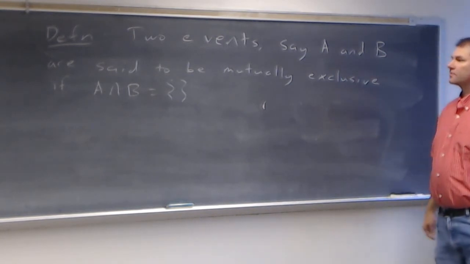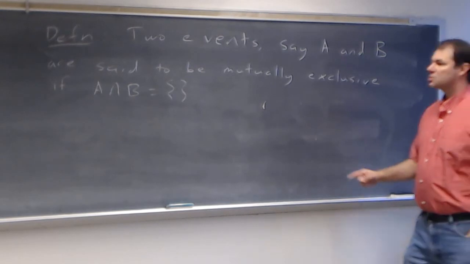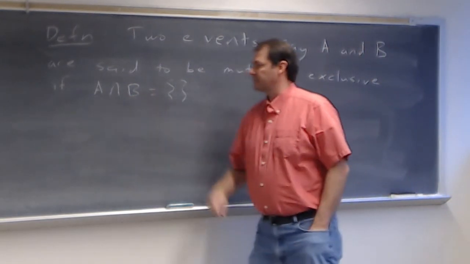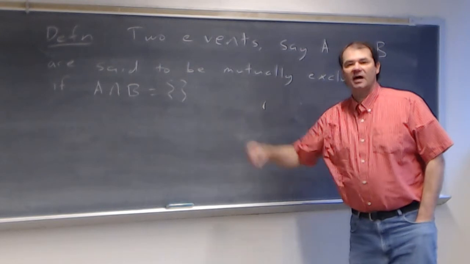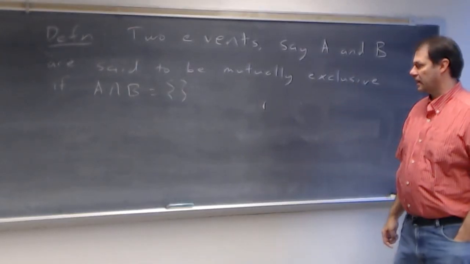So for two events from a random experiment to be mutually exclusive, that means what they have in common, so that's what it means to be an intersection, is nothing. They don't have anything in common.